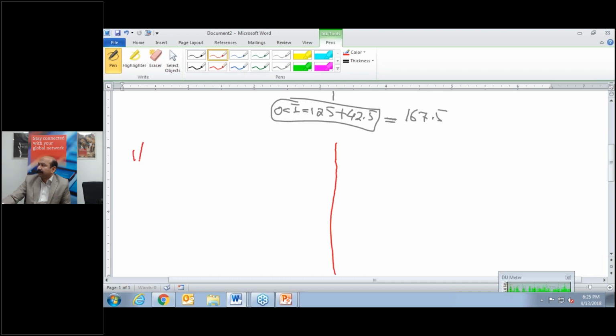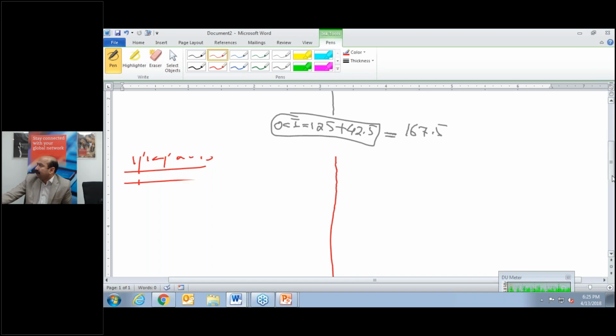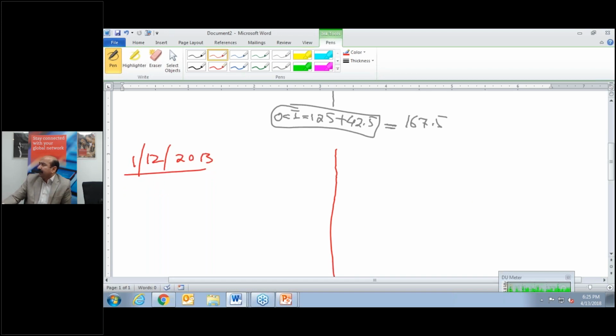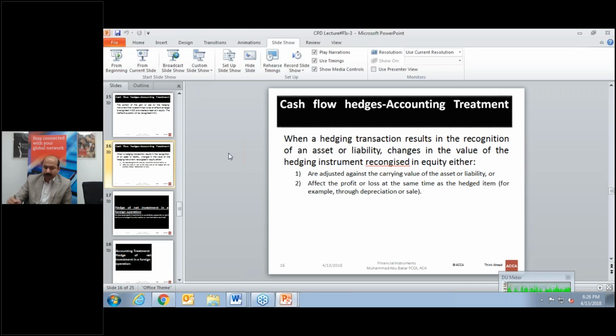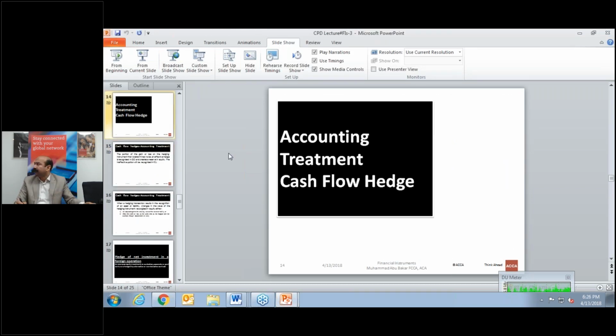On 1st December 2013, our forward contract is closed on this date. We can note the rate of the forward is further moved. Okay, let me use the question given in the slide. There we can have figures.